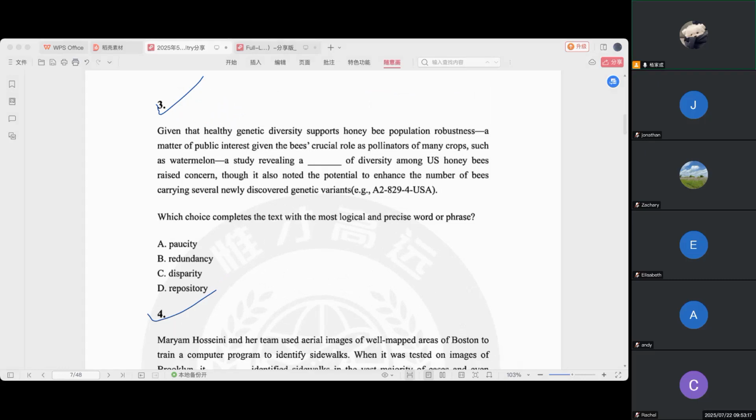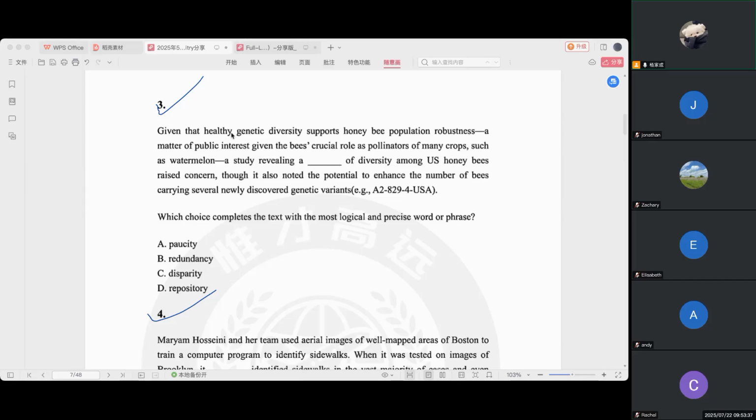Yeah, because if you only look at this phrase, like a study revealing blah blah blah, it's very hard. You have to connect the blank with the information mentioned in the first part and also the later part as well. So let's read it together.